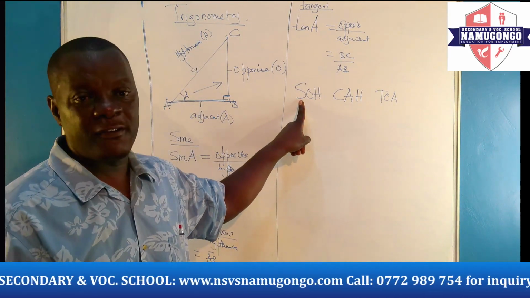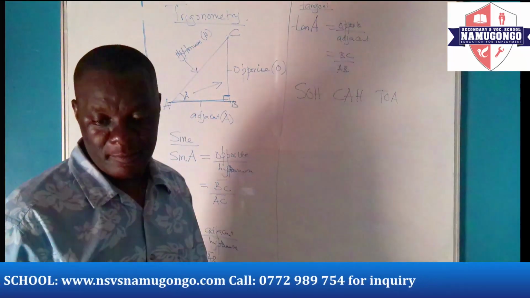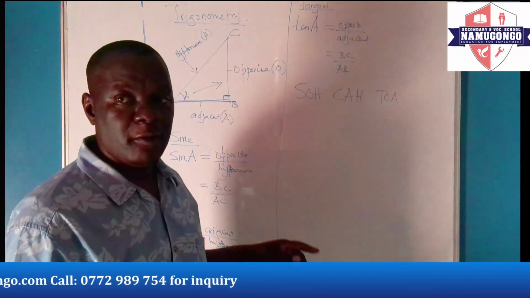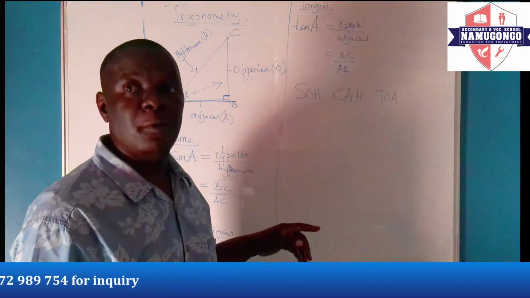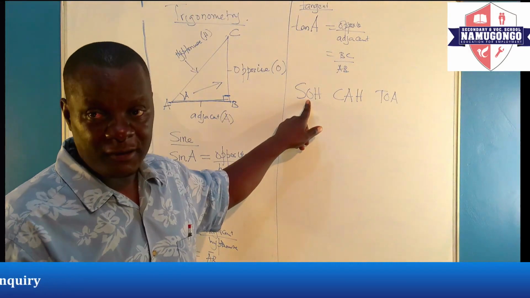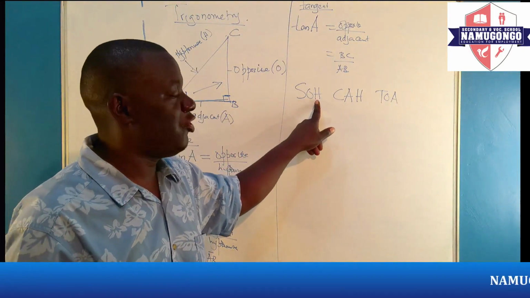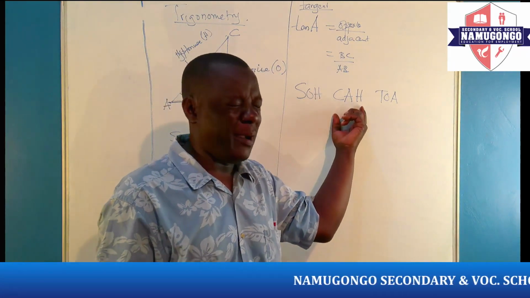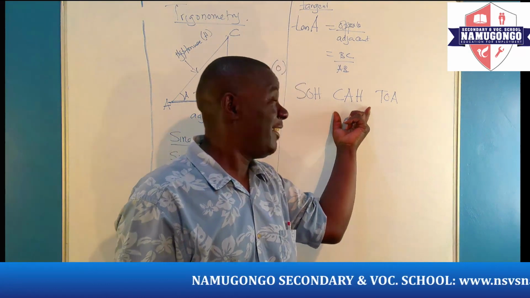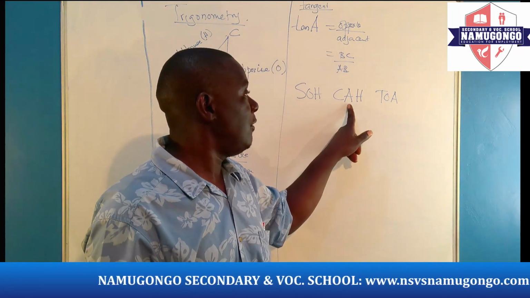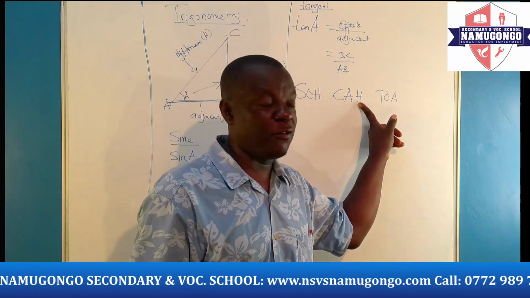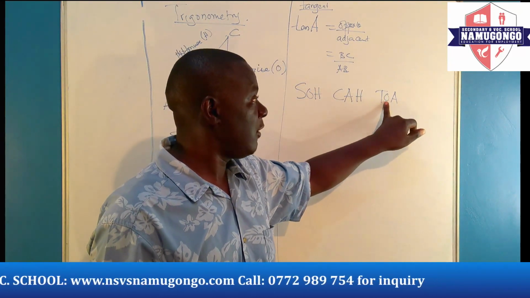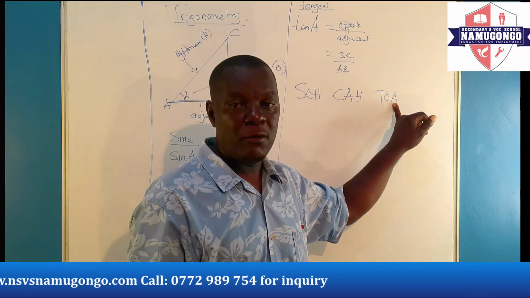S stands for sine, O stands for opposite, and H stands for the hypotenuse. Then we go to CAH, the middle part. C stands for cosine, A stands for adjacent, H stands for hypotenuse. And the last bit of it is TOA, where T stands for tan, O stands for opposite, and A stands for the adjacent.